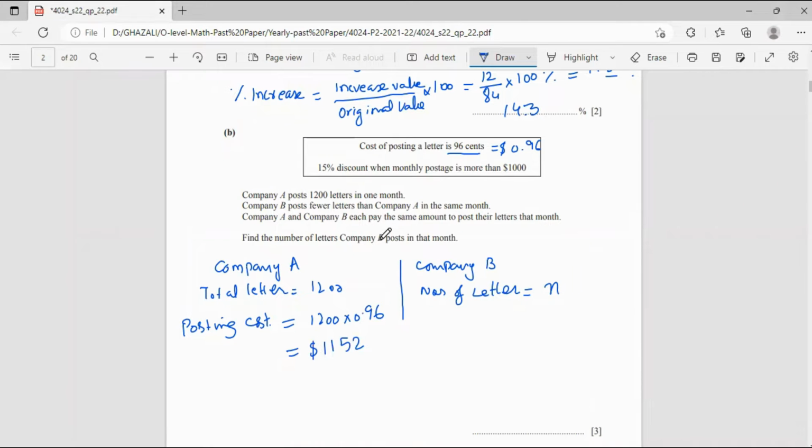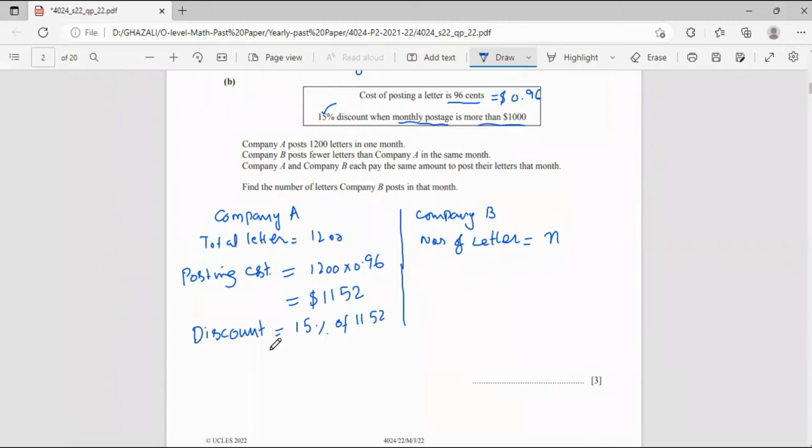Here the statement is given: if the postage cost is more than $1,000, a 15% discount is given. Therefore, company A gets a 15% discount. Now we get the value of the 15% discount. Therefore, the discount is equal to 15% of 1152.